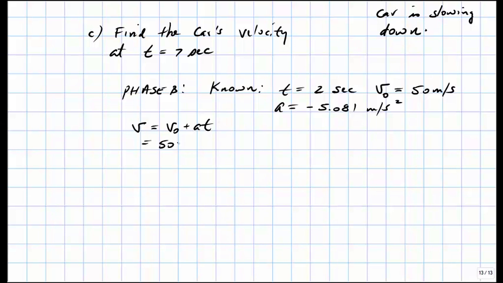Again, v0 equals 50. The acceleration is negative 5.081. And the time equals 2. And if we solve that with our calculator, the value equals 39.84 meters per second.